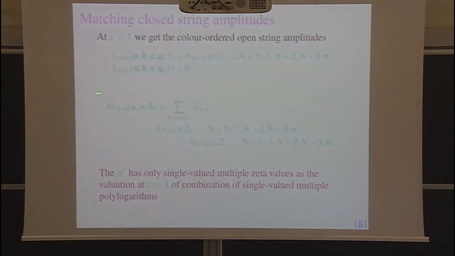So this object has a uniform weight for the multiple zetas at a given order in alpha prime. If you look at some given order in alpha prime, the weight of the single-valued multiple zetas is correlated to the order in alpha prime.